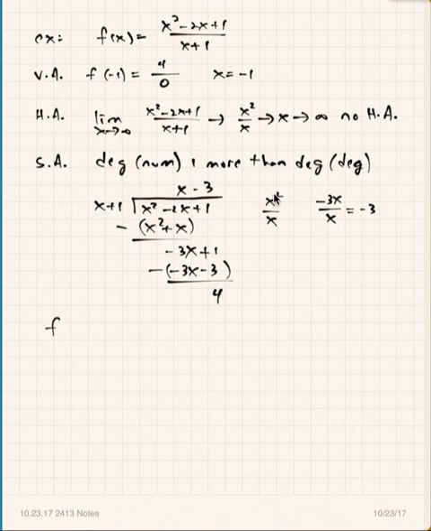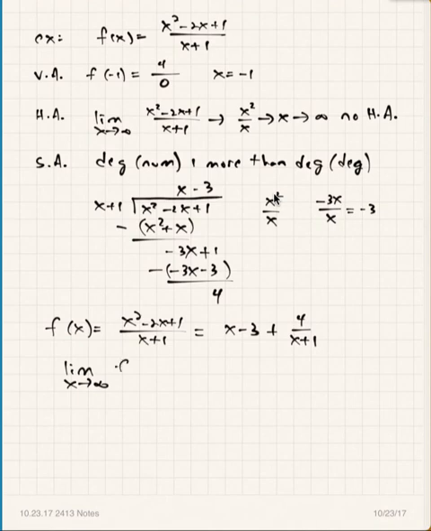And so in our function, x squared minus 2x plus 1 over x plus 1, we could rewrite it using this division problem as x minus 3 plus 4 over x plus 1. The limit as x goes to infinity for this function is equal to the limit as x goes to infinity of x minus 3 plus 4 over x plus 1.